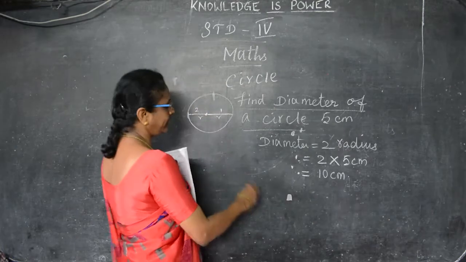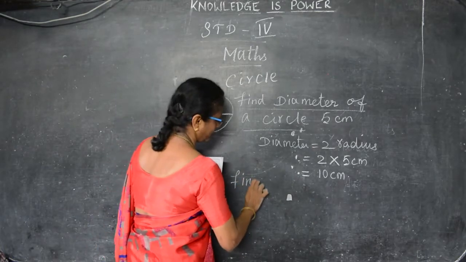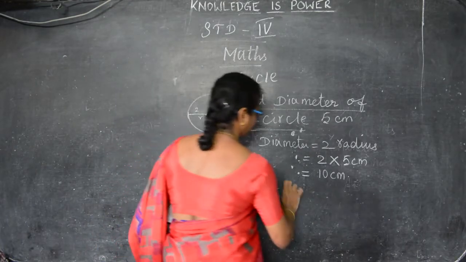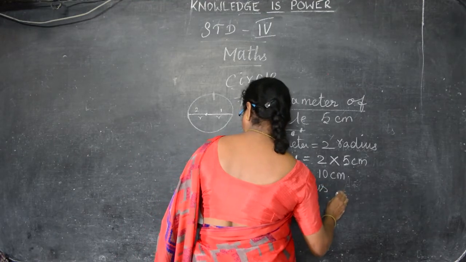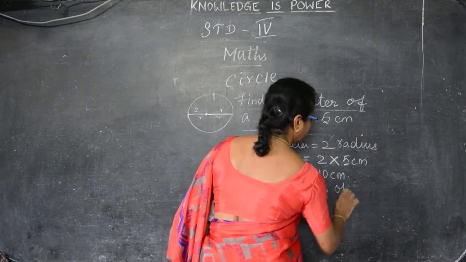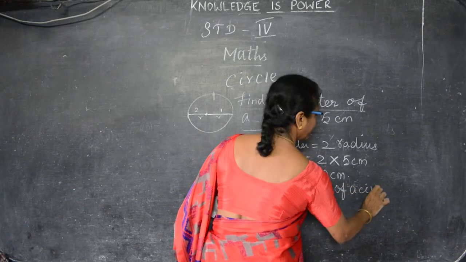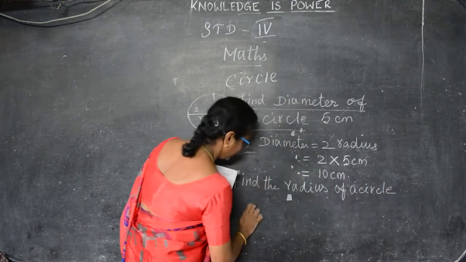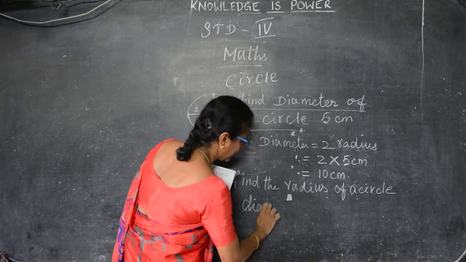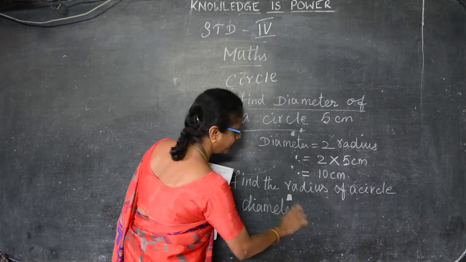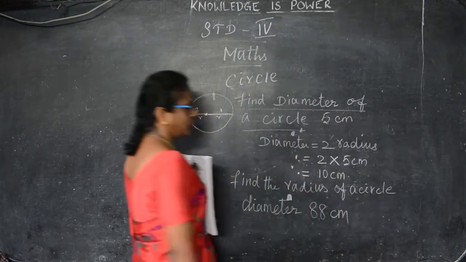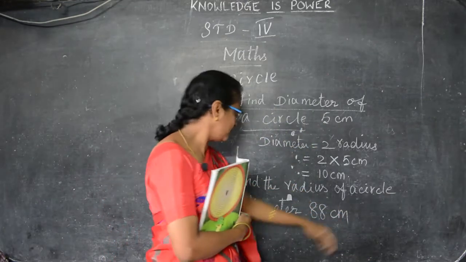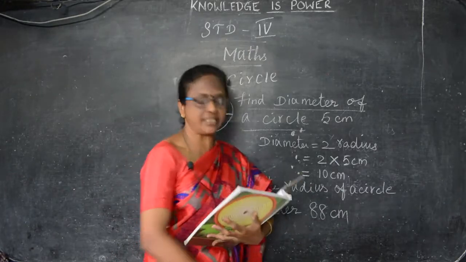Suppose we have to find the radius of a circle. If the diameter is given, we find the radius, and if the radius is given, we find the diameter. So find the radius of a circle. Diameter is 88 centimeter.